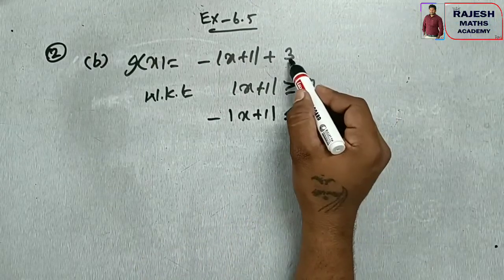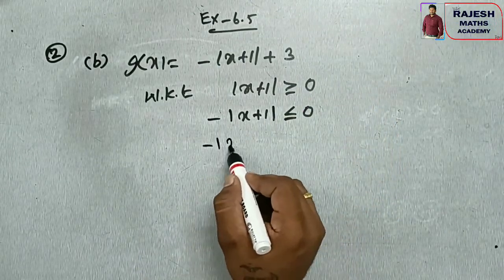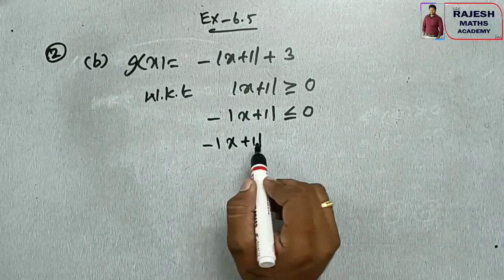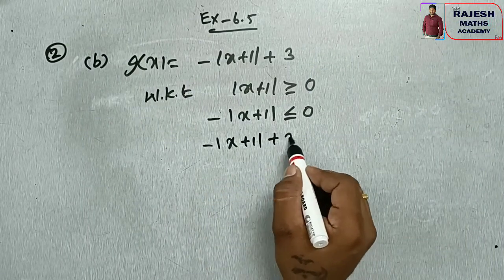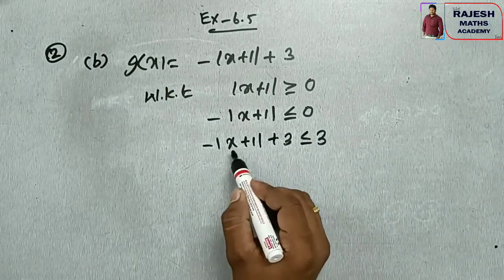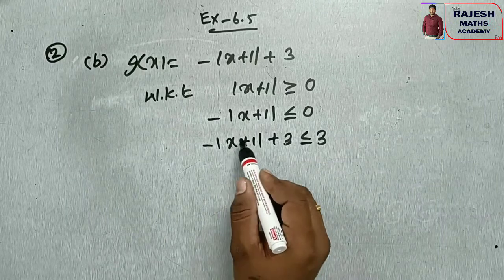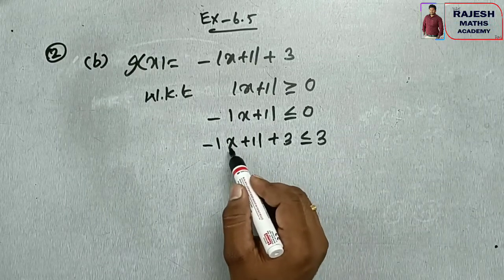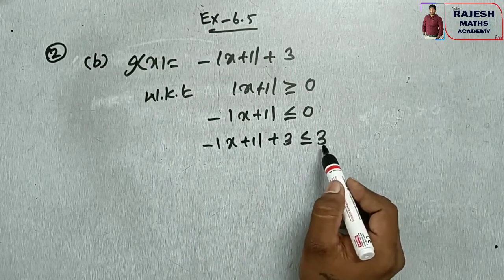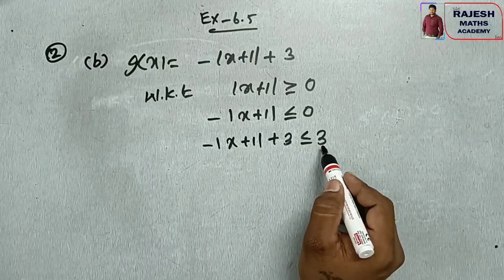Now I need to add 3 on both sides. So minus of modulus of x plus 1 plus 3 is less than or equal to 3. So whatever the value of x, g of x does not go beyond 3, that is, the maximum value equal to 3.